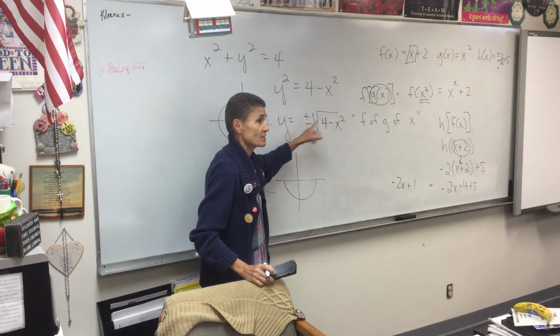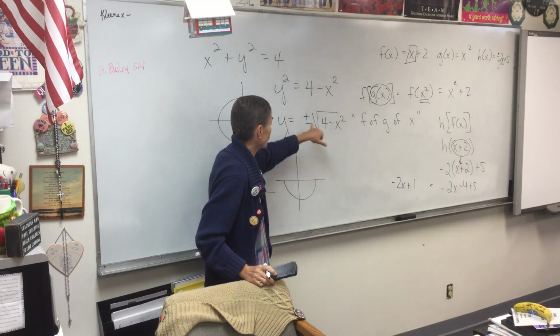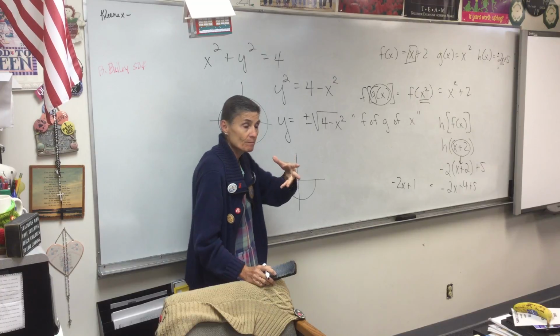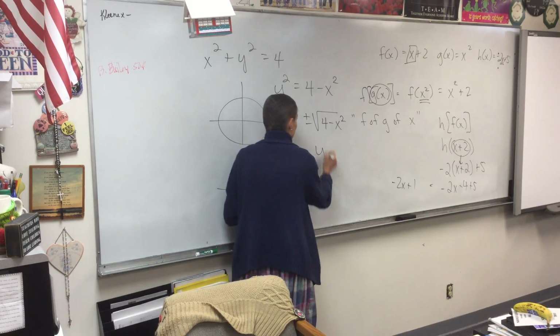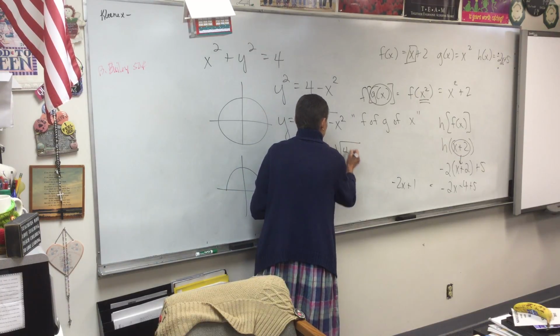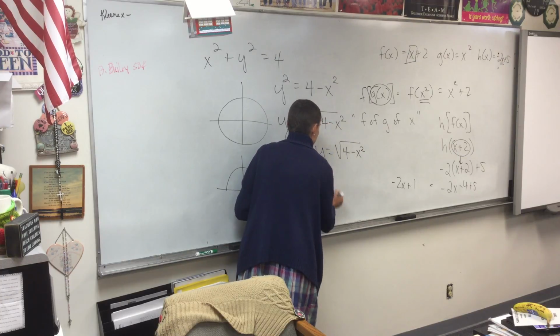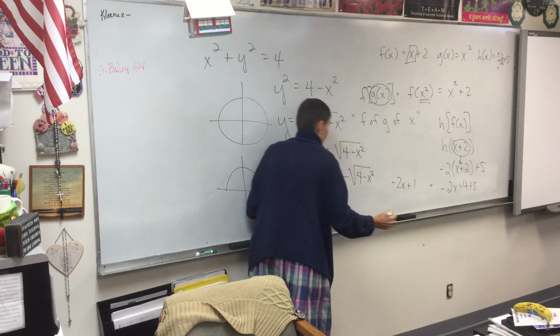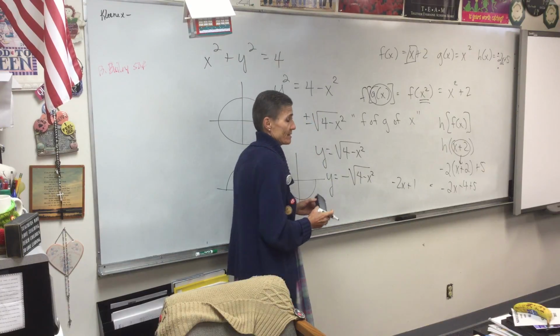The plus is going to be the top half of my circle, and the minus is going to be the bottom half. These are your implicit functions: the square root of 4 minus x squared and negative the square root of 4 minus x squared.